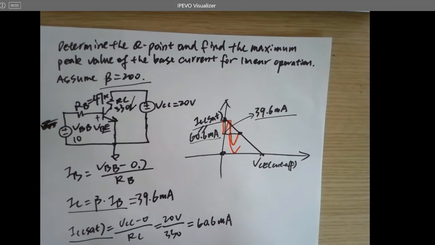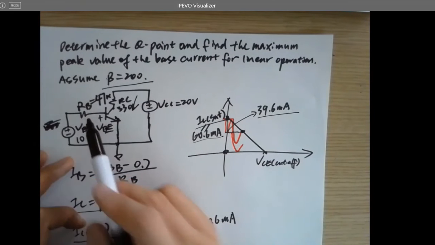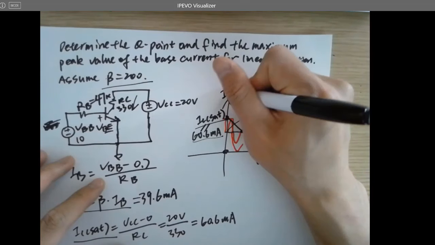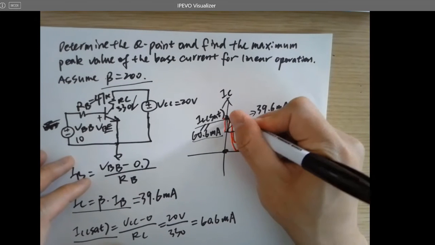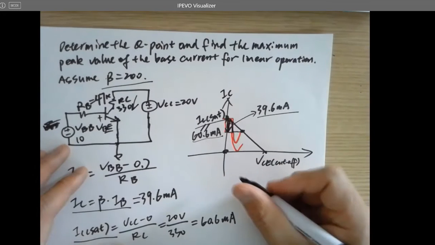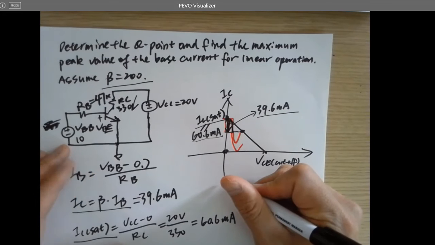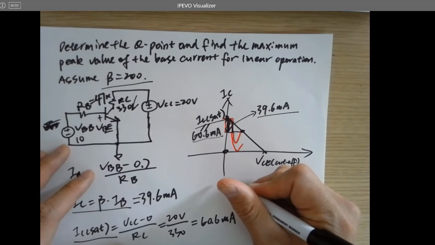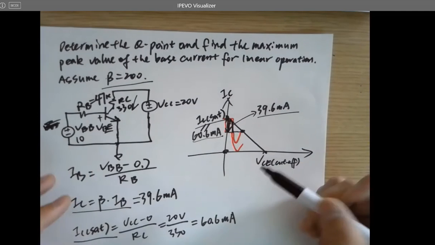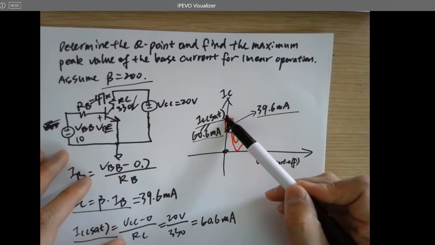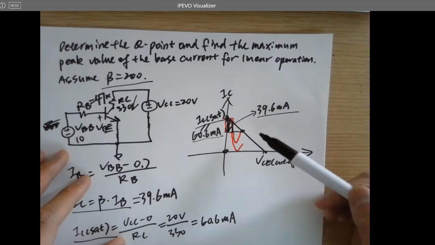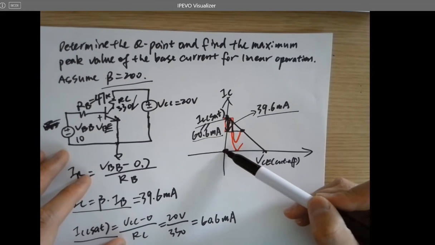So I have to find out the maximum peak current for IB, right? This is IC, so the y-axis is IC, and the maximum swing will be this, or the magnitude will be here. So you can just say the Q point is closer to the IC set compared to 0.